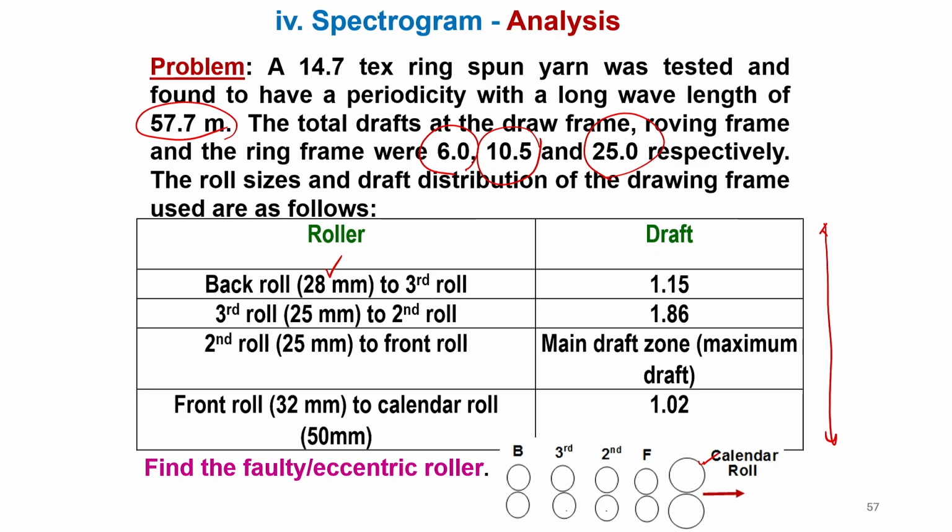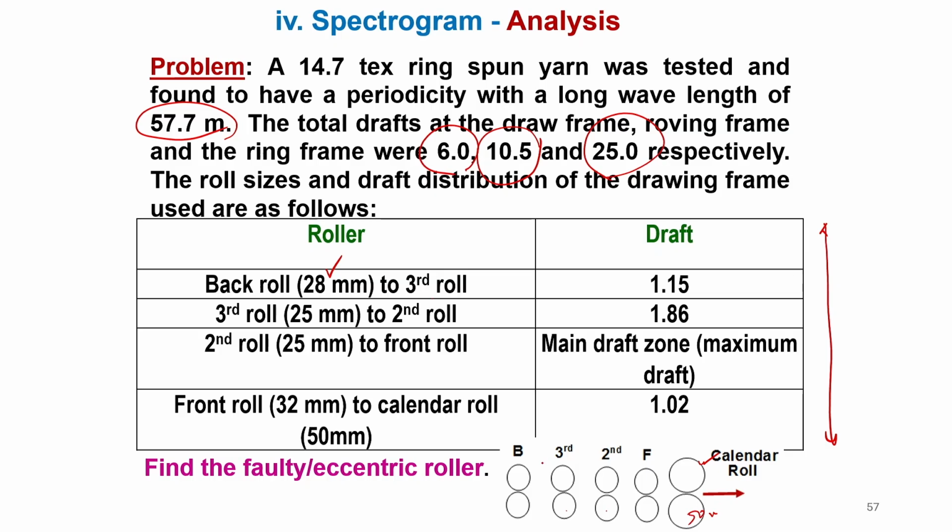Back roller 28 mm, third roller 25 mm, second roller 25 mm, front roller 32 mm and calendar roller 50 mm.